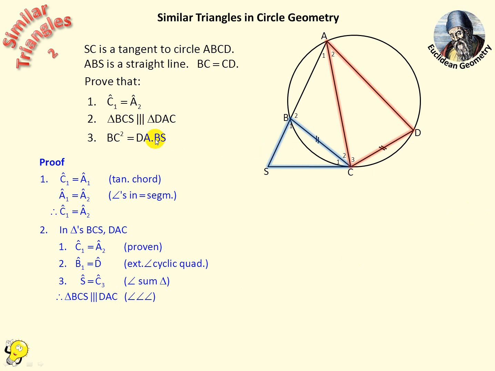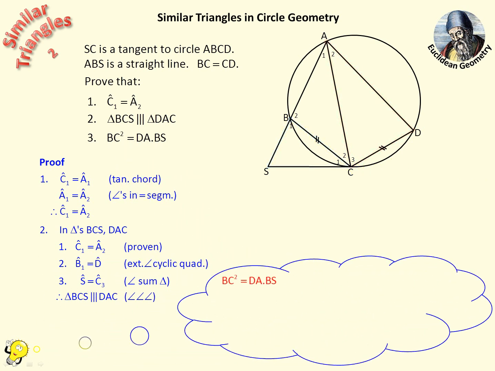Now this next bit worries me straight away. Whenever I see something like BC squared, I say, do we have similar triangles sharing a side, so that BC can appear twice, once from the one similar triangle and once from the other? And there's nothing, so that does worry me a little bit. So we have BC times BC equals DA times BS.